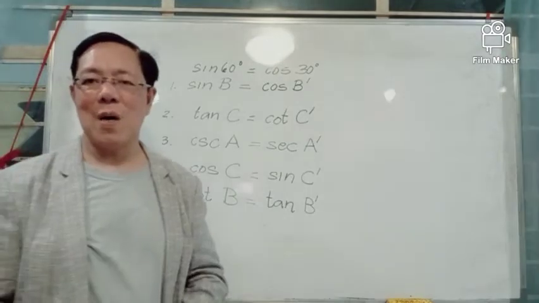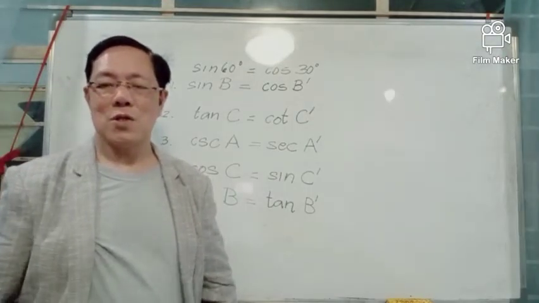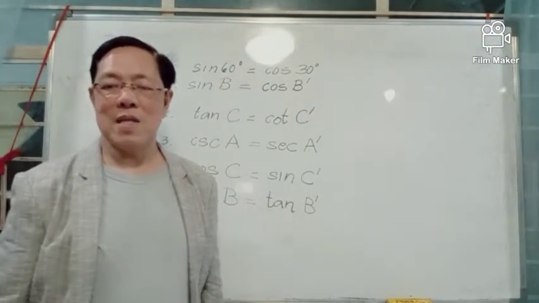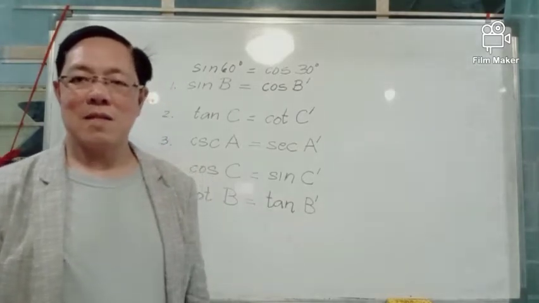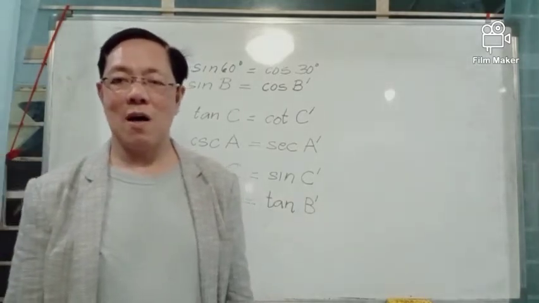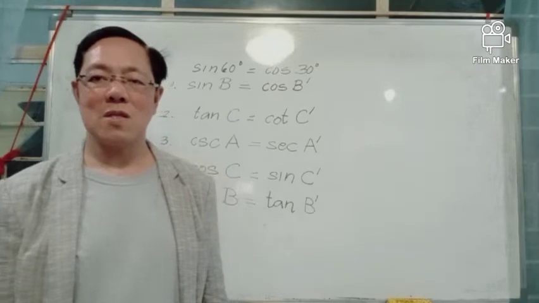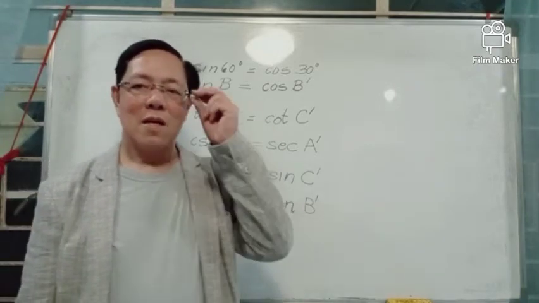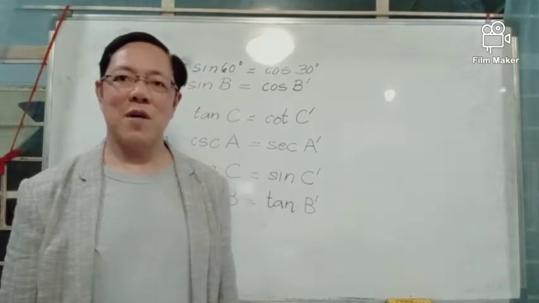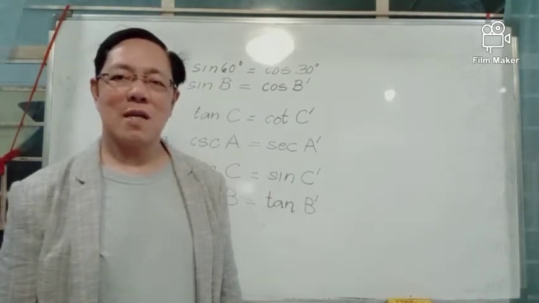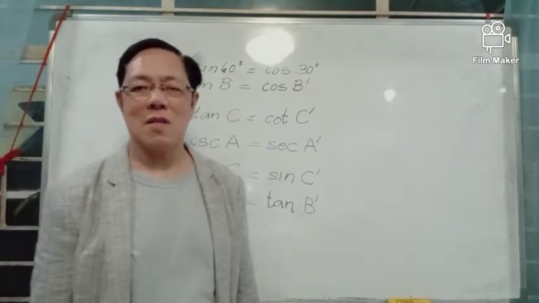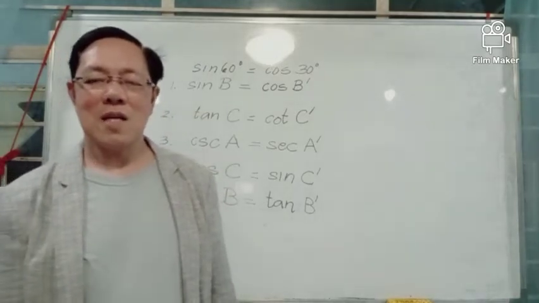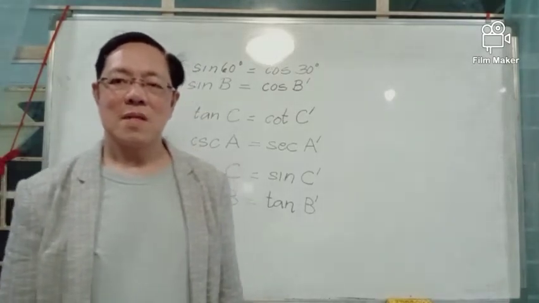In using the complement angle theorem, you should only remember that the three pairs of cofunctions are, number 1, sine and cosine. Sine is the cofunction of cosine, and cosine is the cofunction of sine. The second pair of cofunctions is cosecant and secant.